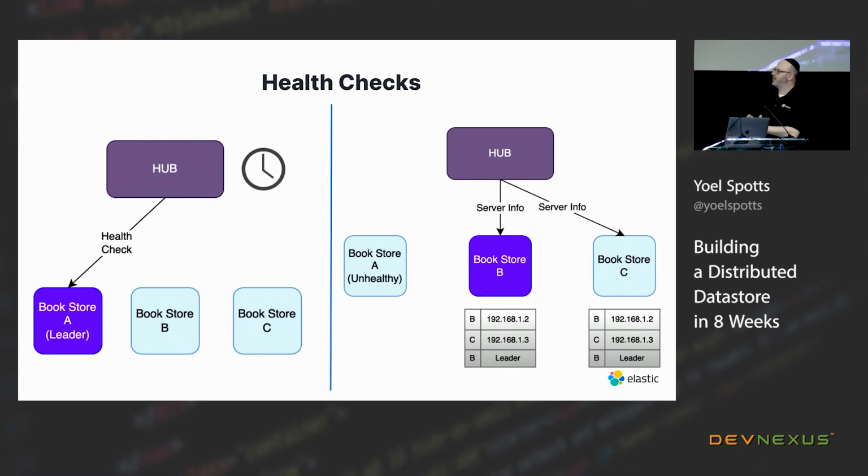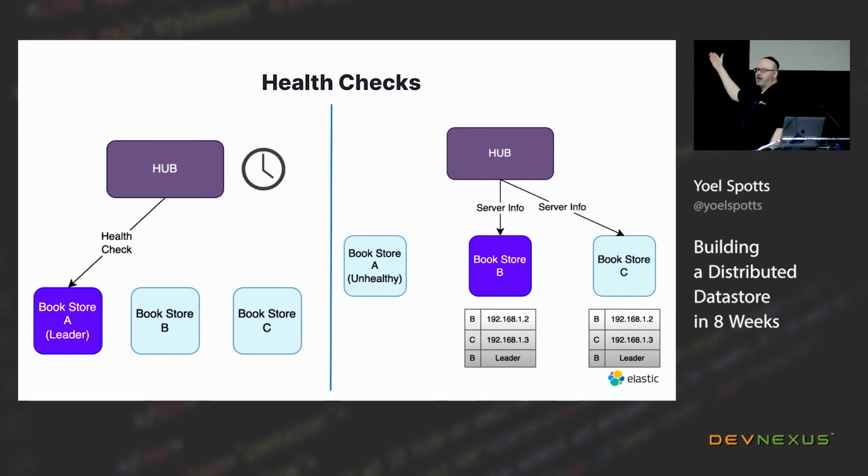They implemented a health endpoint on each of the bookstores that says, are you still up? And if it's not, then the hub will elect another leader. This is great. Seeing this is a known strategy and pattern in distributed systems, it was fantastic to watch how they were developing this iteratively and in real time on their own.